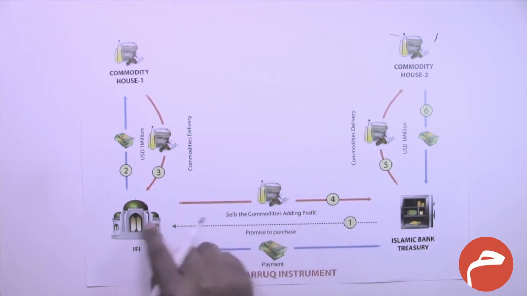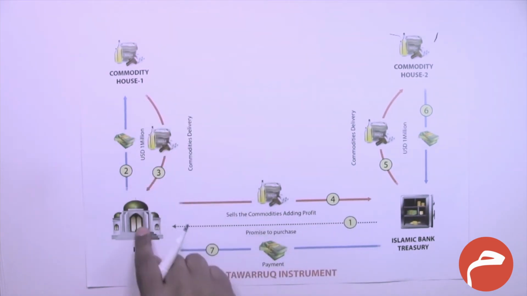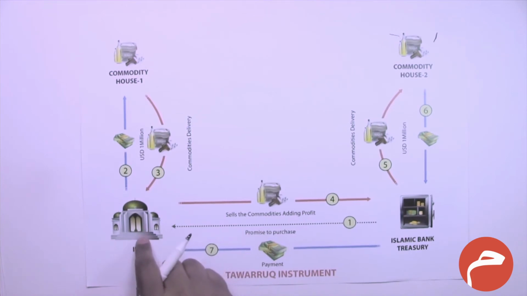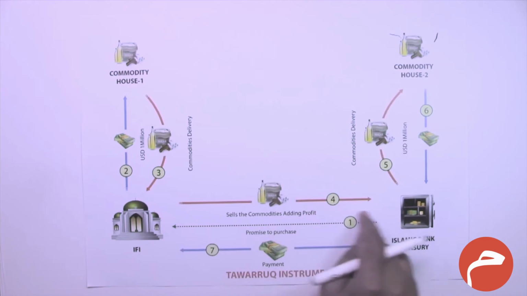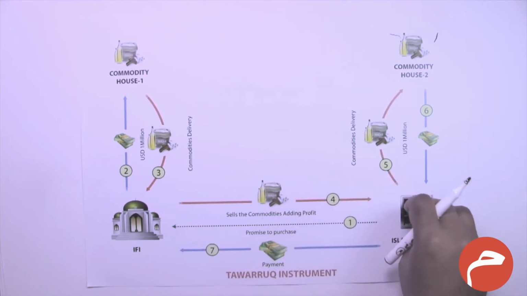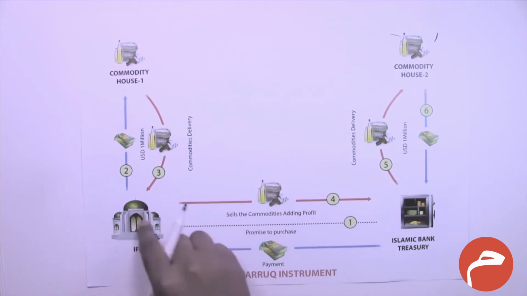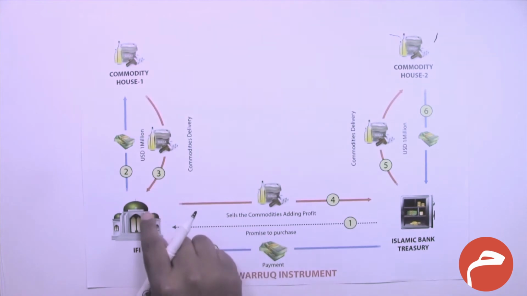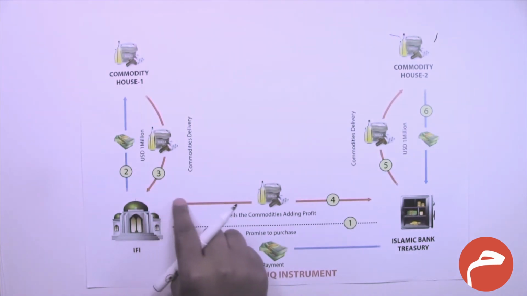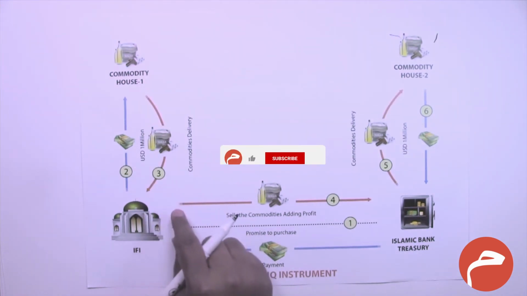Now the fourth step is that after purchasing these commodities, this financial institution will sell those commodities. In this case, as we were discussing, this treasury department requires 1 million. So this financial institution purchases 1 million worth of commodities, and then adds its profit margin.